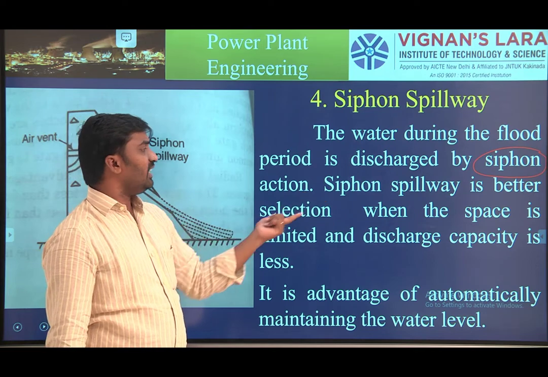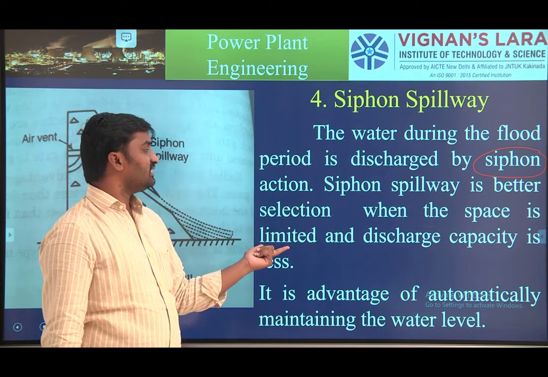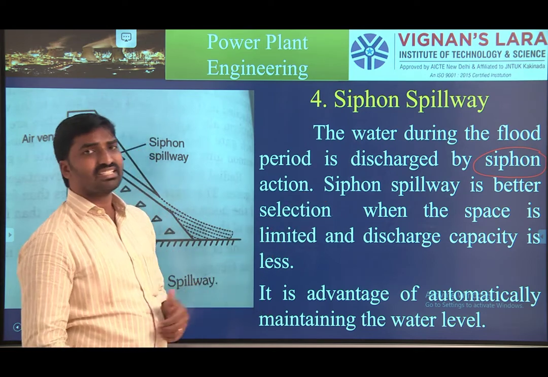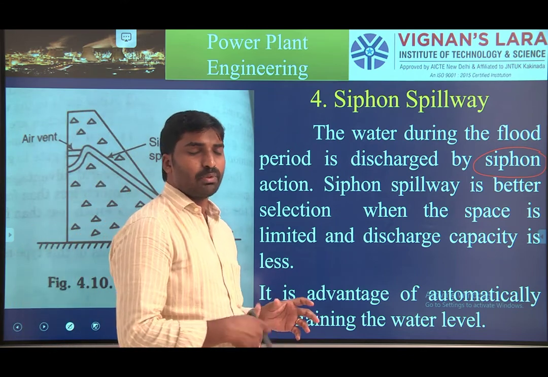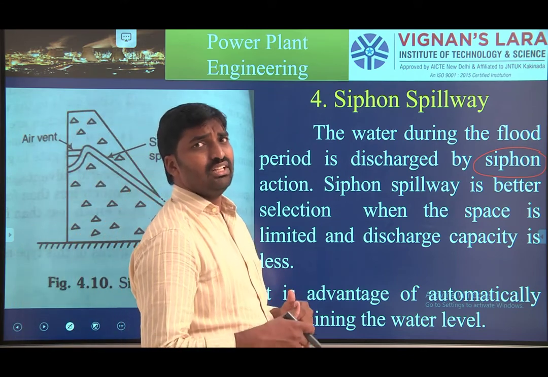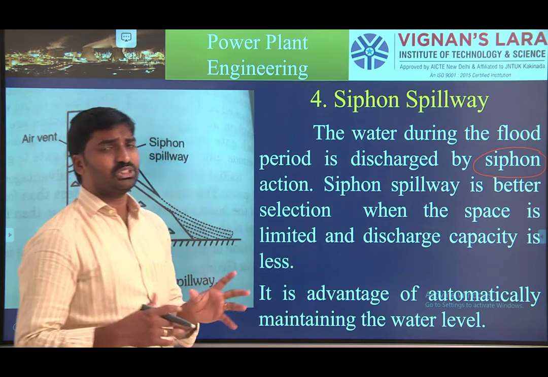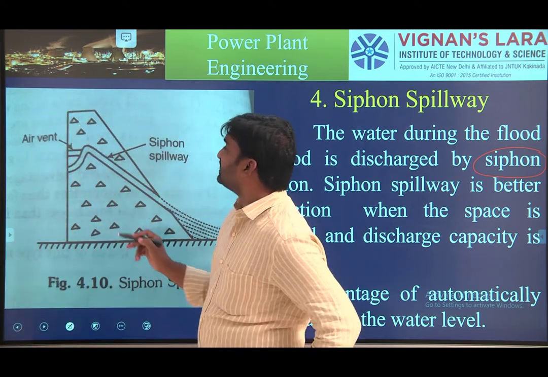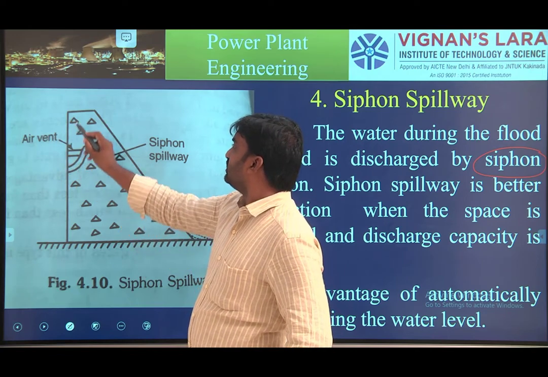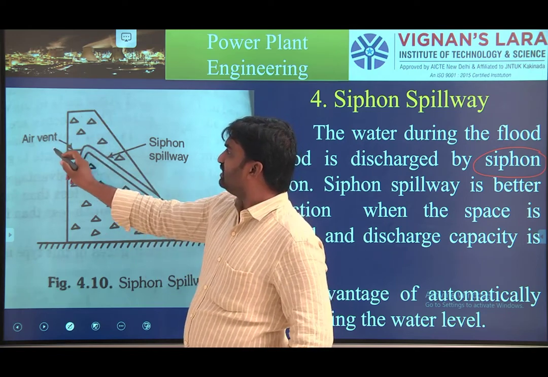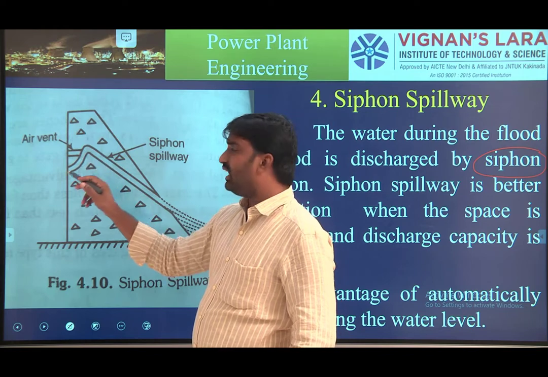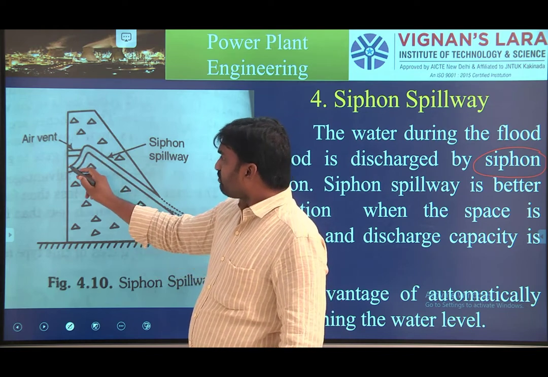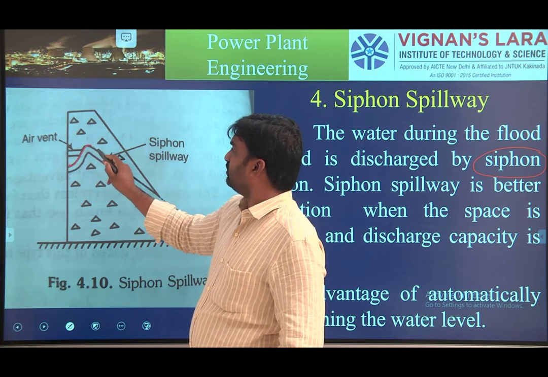So a siphon spillway is a better selection when the space is limited and the discharge capacity is less. Generally we prefer this type of siphon spillway when the space is very limited, congested space. In those cases we use the siphon spillway. So here see, this is the dam part and this is the air vent, removing or entering the air, and this is a siphon.